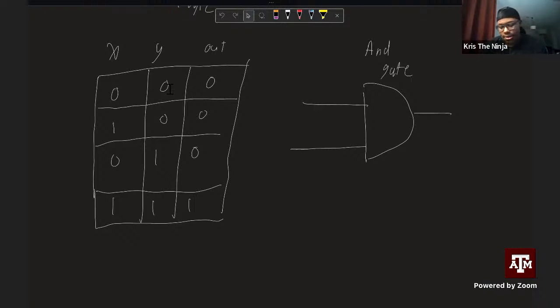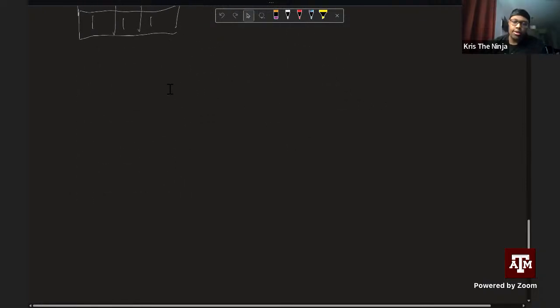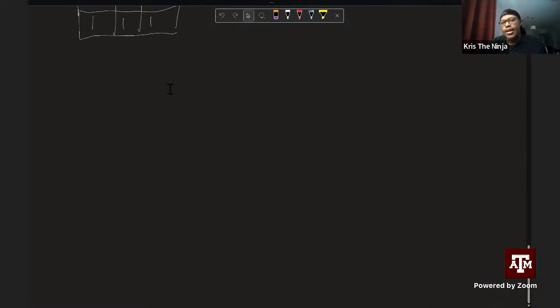It takes two truths to make a 1. The other one is, well, there's more than just the other one. There's a lot of other ones. Another one that you could end up seeing is, what if I just want it if one or the other is true? I want the output to be true.